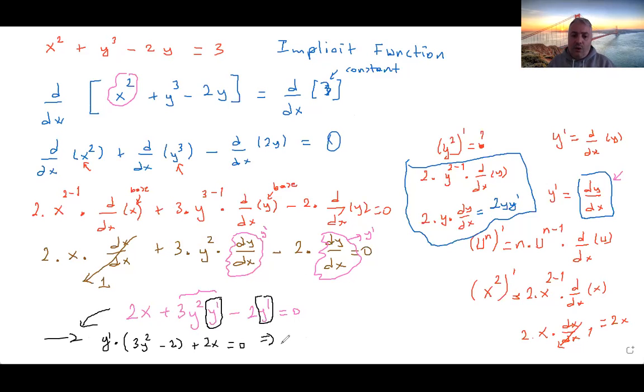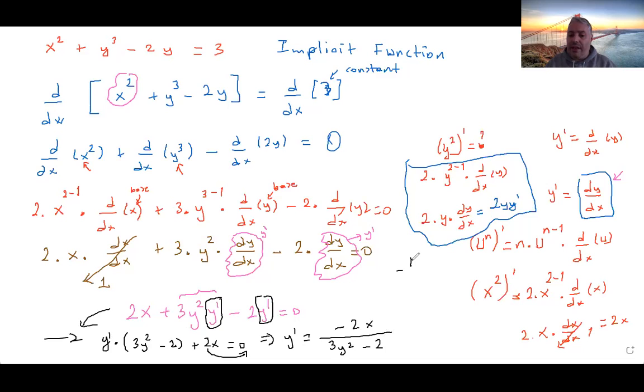And then only y prime is equal, be careful now, to positive 2x, if it goes to the other side, negative 2x divided by, since y prime is multiplied by this quantity, if I divide both sides by this, 3y squared minus 2.